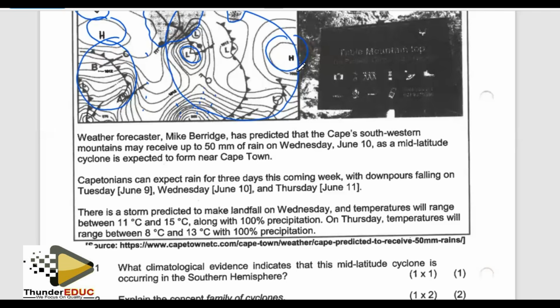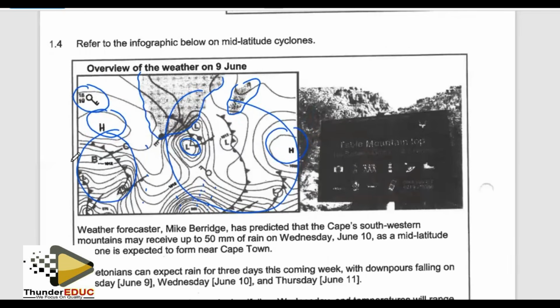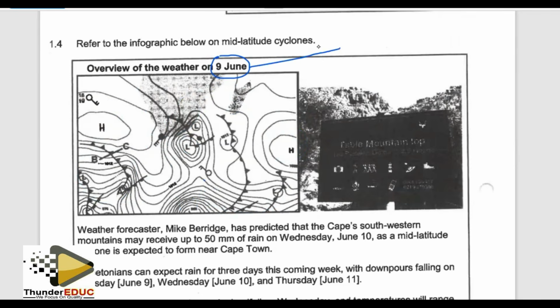Firstly, we can look at the date. Okay, so you can see the date. Our date here is 9 June. And all of us know that 9 June usually happens in winter. You see, 9 June in the southern hemisphere, it is winter season. This is when temperatures are very, very low.